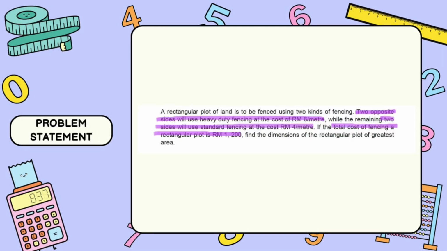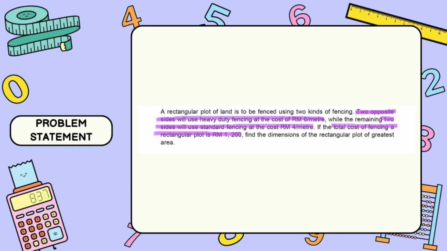Step 2. Find a formula for the quantity to maximize. Like the question said, 2 opposite sides will use heavy-duty fencing at the cost of 6 ringgit per meter, while the remaining 2 sides will use standard fencing at the cost of 4 ringgit per meter. The total cost of fencing the rectangular plot is 1,200 ringgit, right?